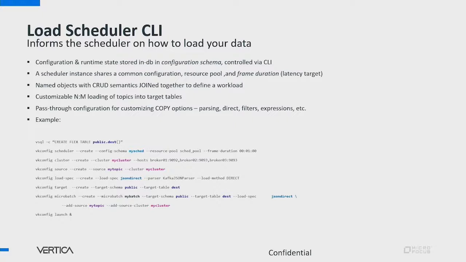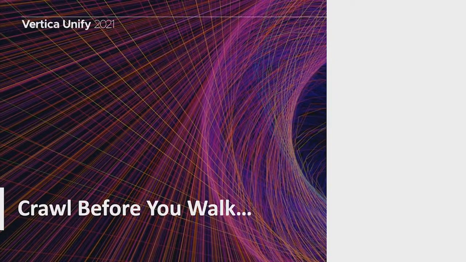So if you look at the steps at the bottom, they relate to what we saw on the previous screen. We create individual components like scheduler, cluster, source, load spec, target, and microbatch. And then with all this information, we finally launch our scheduler that starts the continuous loading of data from Kafka to Vertica.